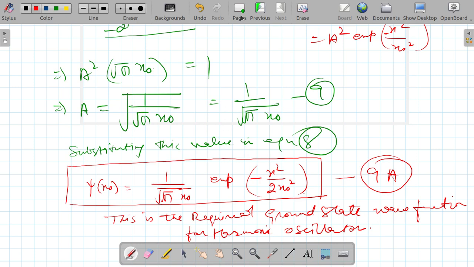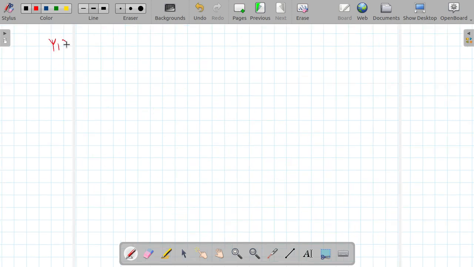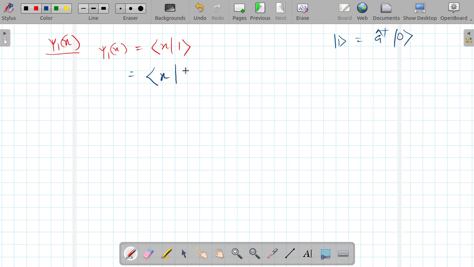Now let us calculate another wave function, that is psi 1(x), and as we know this psi 1(x) is equal to bra x ket 1. So therefore, ket 1 can be written as a dagger ket 0, so that means it is bra x a dagger ket 0.